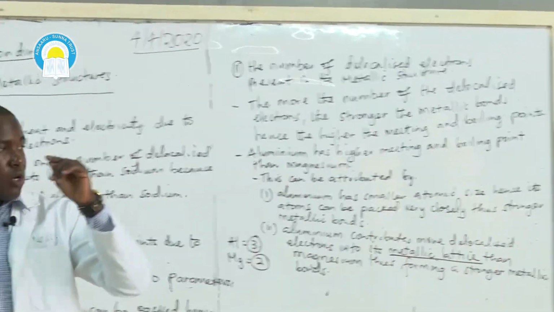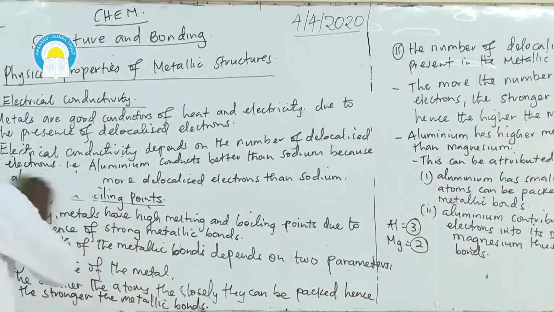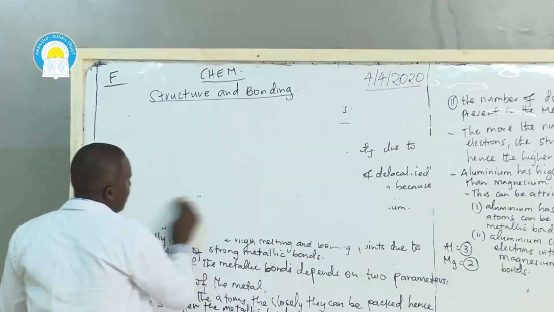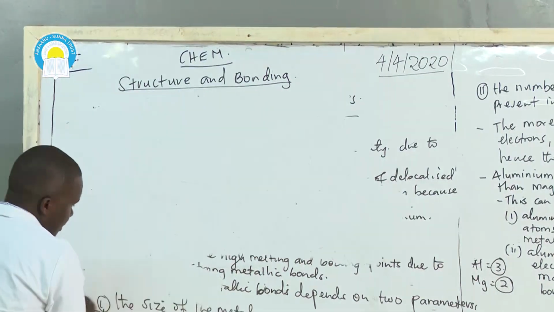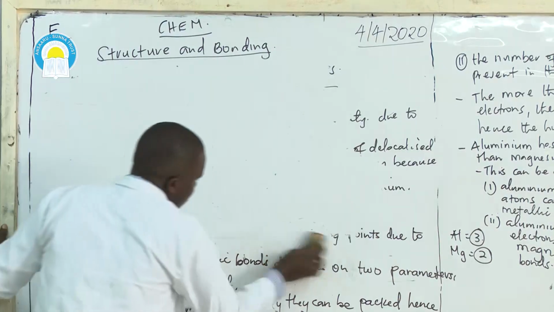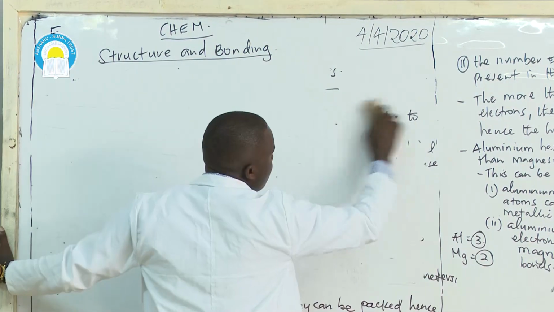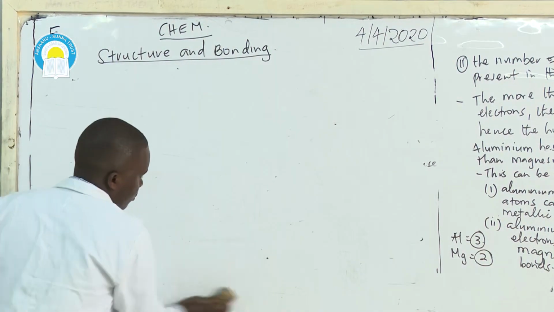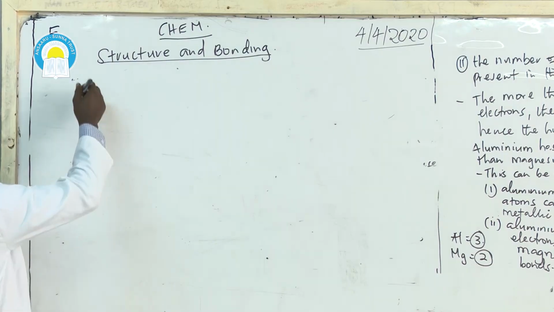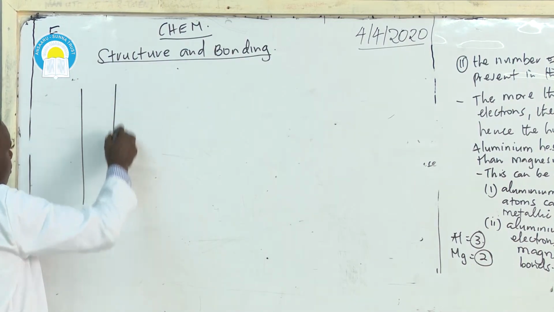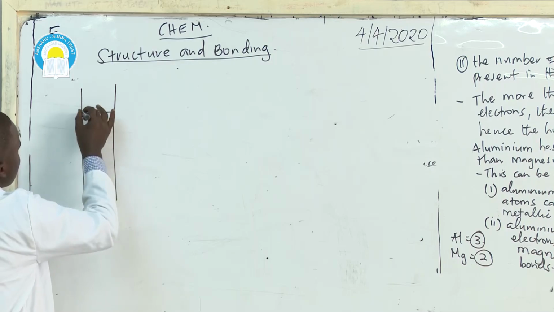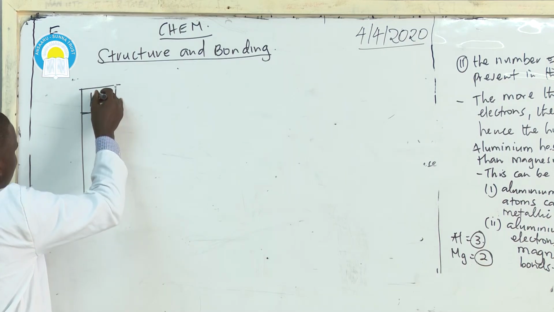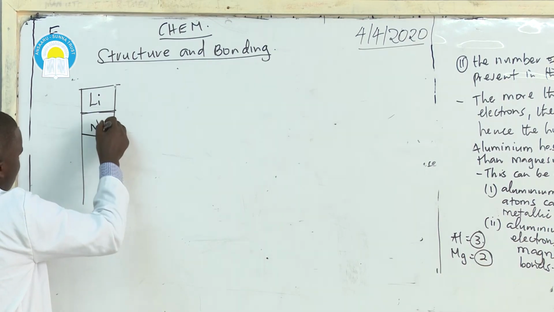Again, when we talk about group 1 elements, just to take you back a little bit to the chemical families, when we look at alkali metals, here you have lithium, you have sodium.